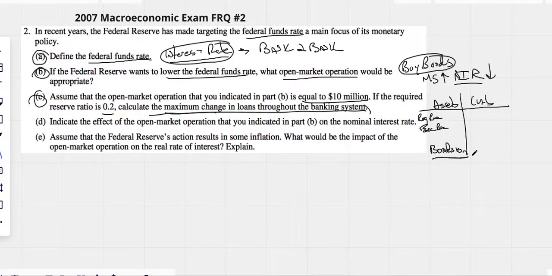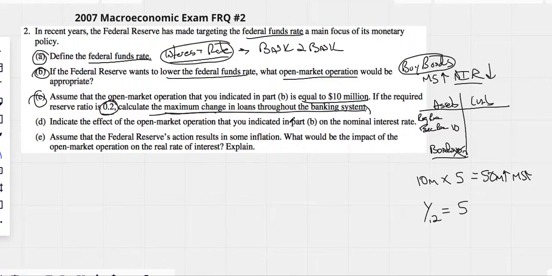Well, if this bank owns 10 million in bonds and the Fed buys it, all of that 10 million would go right into excess reserves. Then this bank can loan out that whole 10 million. We would multiply it by our multiplier, which in this instance is 1 over 0.2. Our multiplier would be 5. So 10 million times 5, we should get a 50 million increase in the money supply.